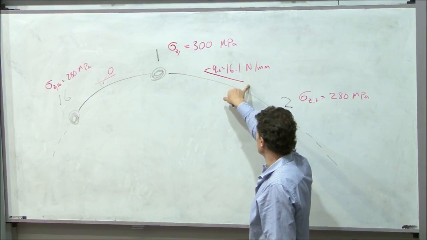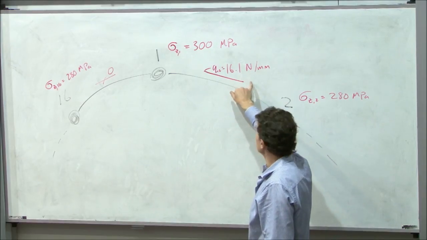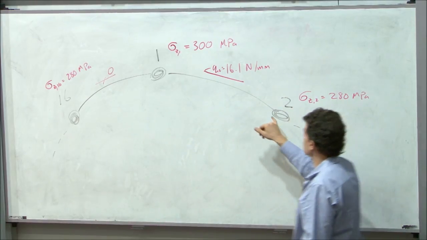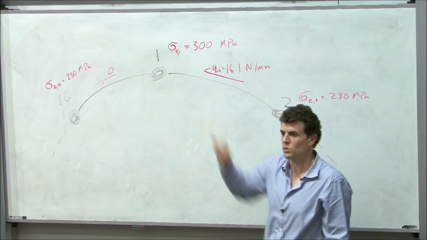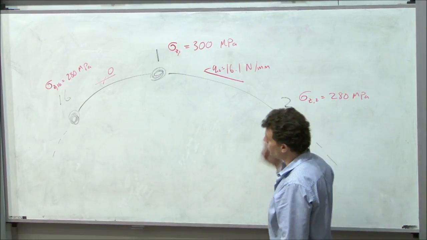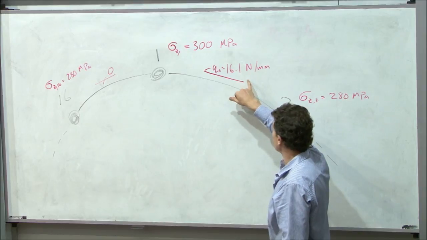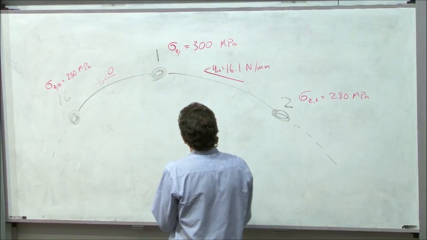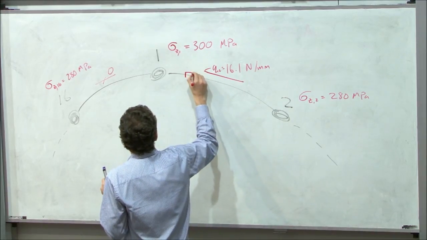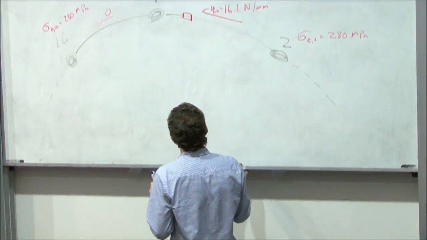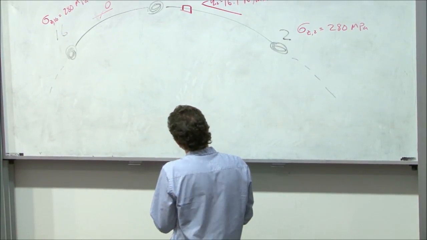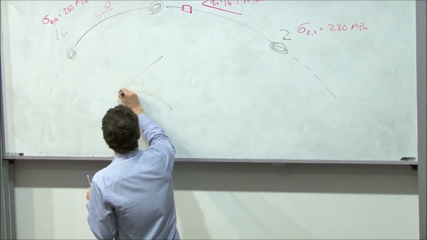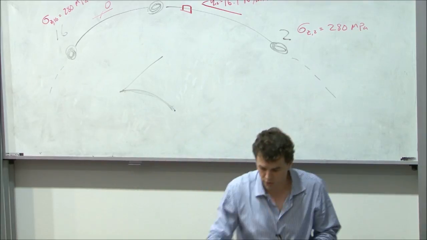Equivalently, our shear flow we've assumed is 16 newtons per millimetre constant, but it's also a simplification because in reality when there's skin here, that's varying as we go along. We'll, in a few minutes, see a way of improving our approximation there. But what that tells us, if we took a little element of material, let's just say we take a little piece of material out of here, and I'm going to exaggerate the curvature just so you can see the curvature direction.